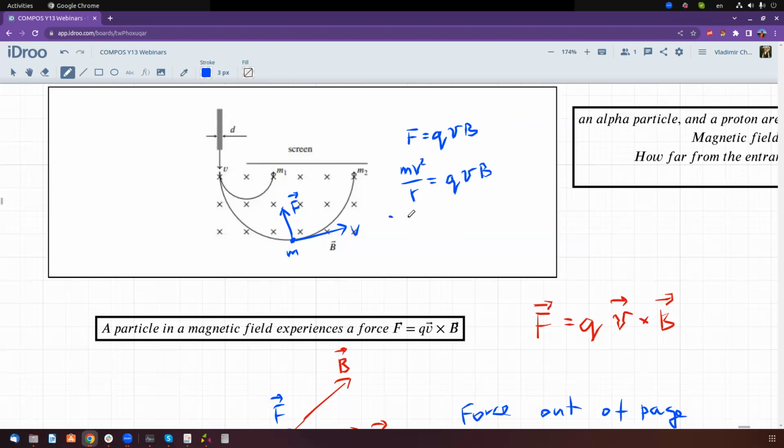Therefore, v cancels, and we can work out the r. The radius of the path is mv divided by QB. And this formula is in a way brilliant. So what happens if you have a heavier particle? What happens to the radius if the particle is heavier?